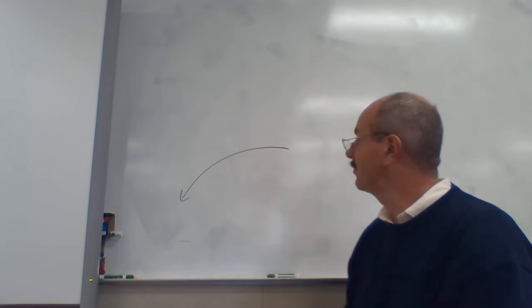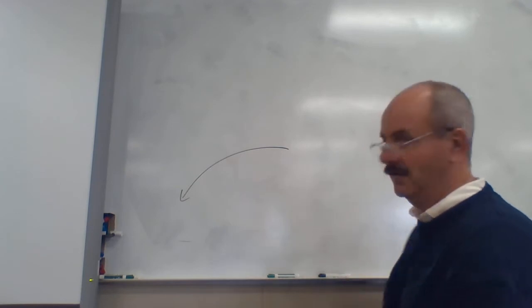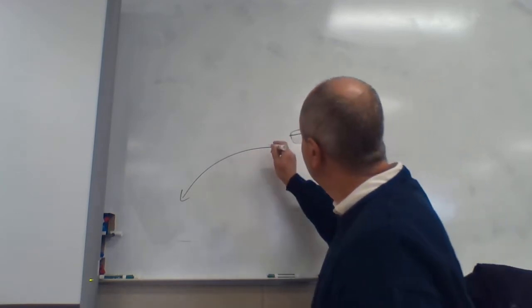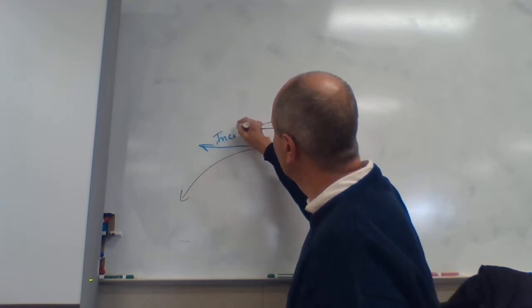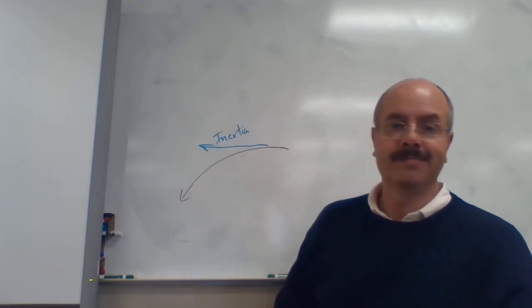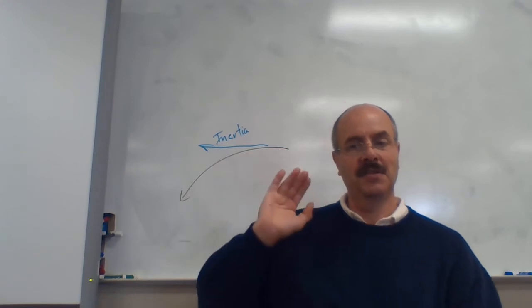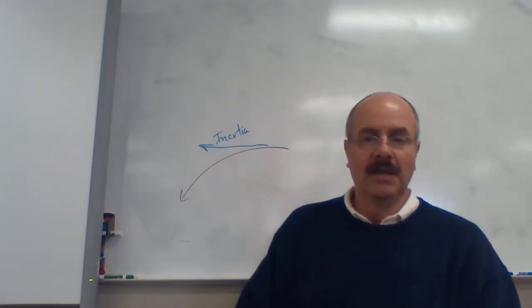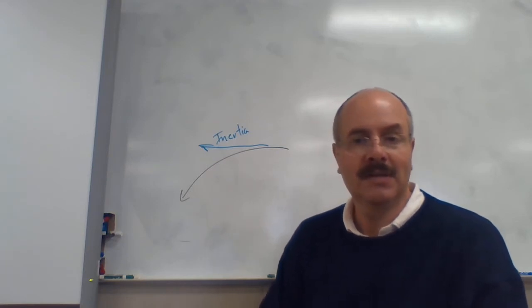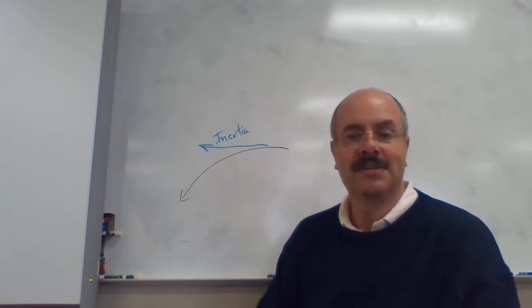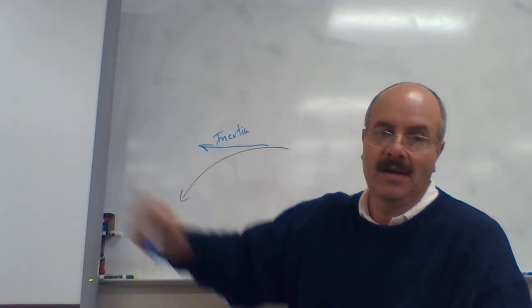So now let's think about throwing this object. What are the two forces that are acting on this? Well, one force I have going this direction, that's inertia. Inertia is saying that the object's just going to keep going straight, straight, straight if we were out in space. So inertia says the object should go straight if I throw it.